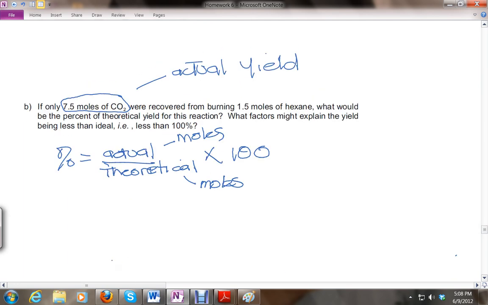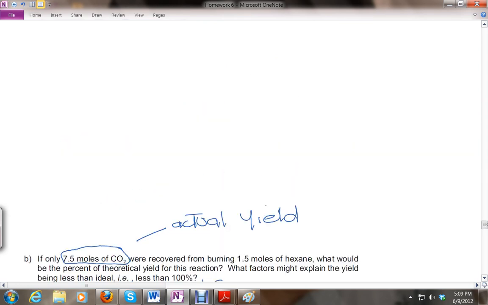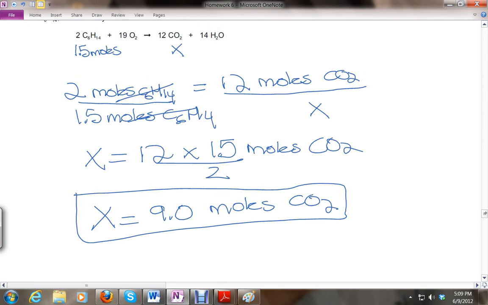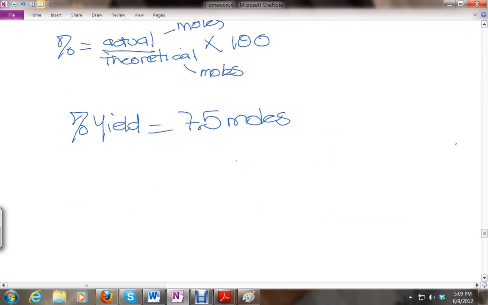Okay, so they're giving you that the actual yield is 7.5 moles. And in part A, we got that the theoretical yield, we were supposed to get 9.0 according to our calculation. Experimentally, we got only 7.5.